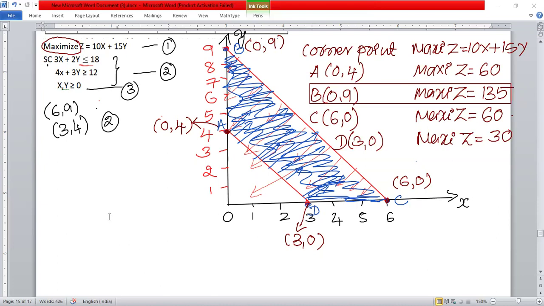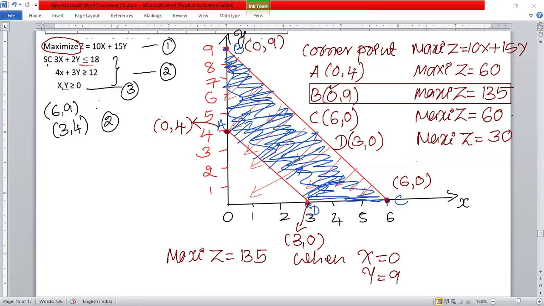Therefore, finally, my conclusion should be: maximize z is equal to 135 when x is equal to 0 and y is equal to 9. So this is the first question's answer.